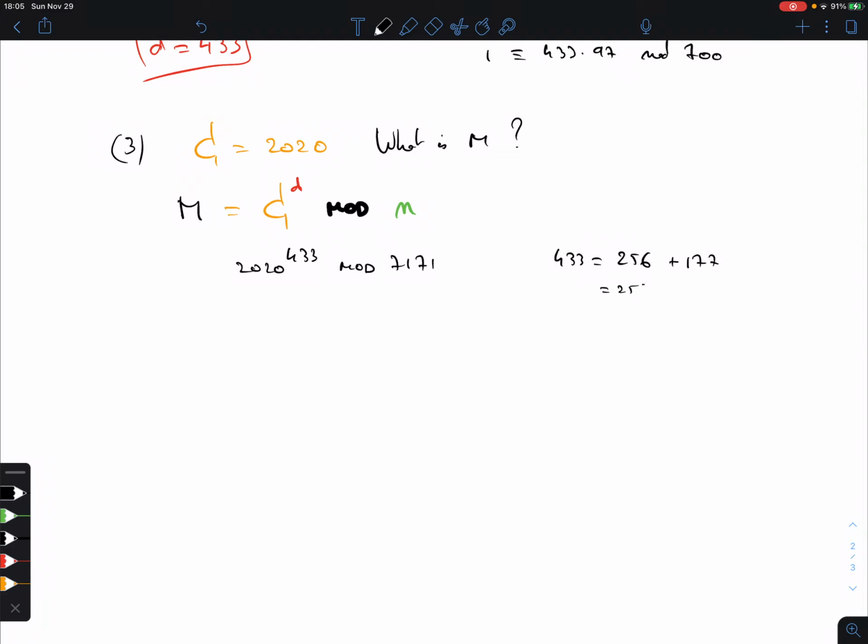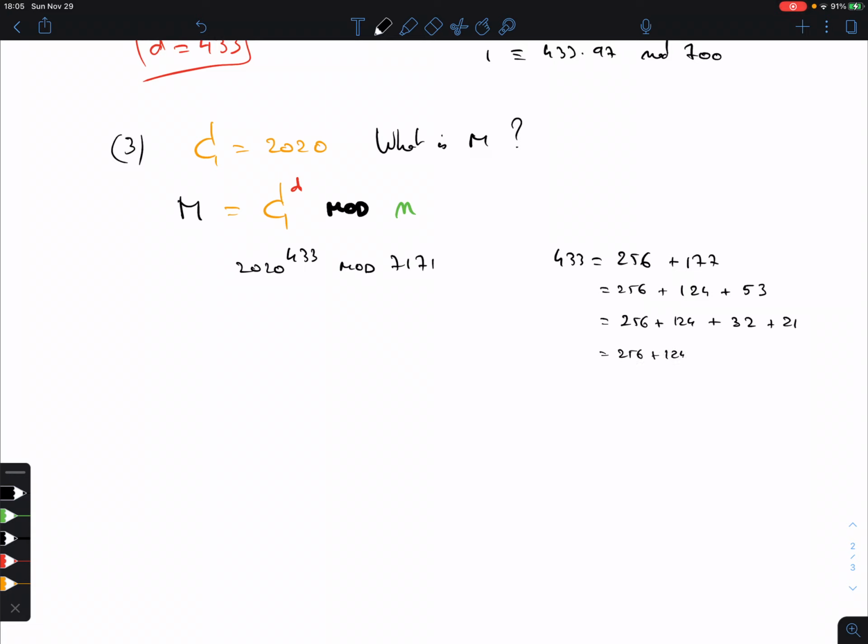So that is 256 plus 124 plus 53. Okay, what goes in there? We have a 32 in there. 256 plus 124 plus 32 plus 21.